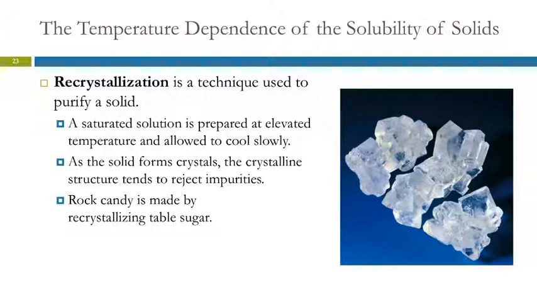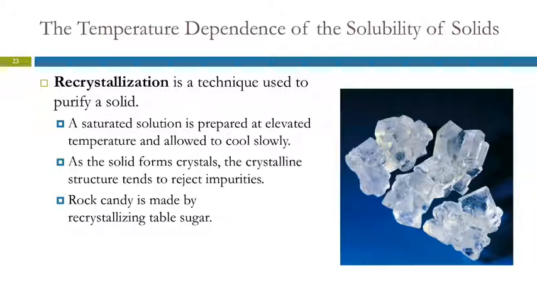You're going to cool it very slowly and allow the crystals to form. And as those crystals form, it's happening slowly, they are going to minimize any impurities that come into the crystal, because it will be at a lower potential energy if the crystal is perfect. And this is an example of some rock candy made by recrystallizing table sugar.